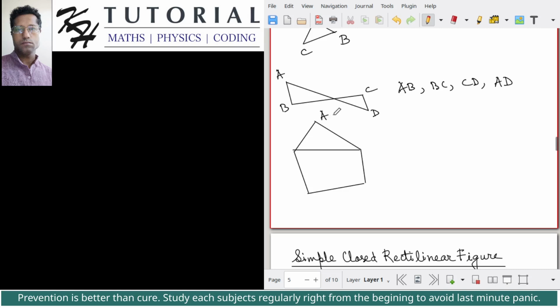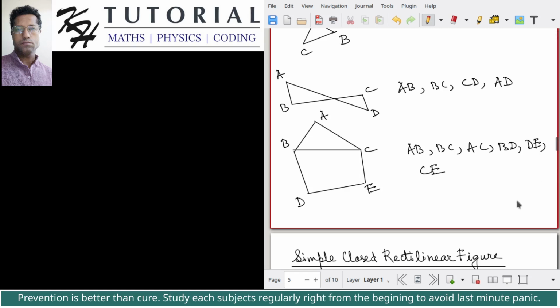So AB is one line segment, BC is another, AC is another, BD is another, DE is another, and CE is another. So the line segments forming this rectilinear figure are AB, BC, AC, BD, DE, and CE. So this rectilinear figure has 6 sides.